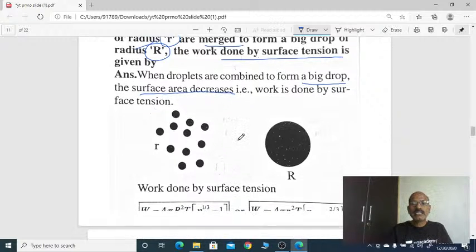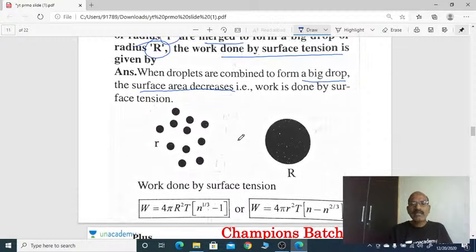The work done by the surface tension equals surface tension T into the change in area: 4 pi r square T into (n to the power 1 by 3 minus 1). This is the work done by the surface tension when n identical smaller drops combine to form a bigger drop.